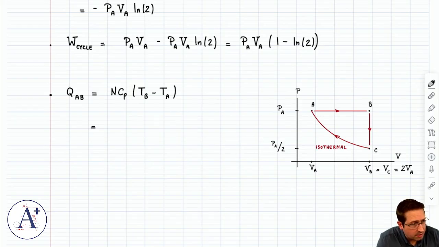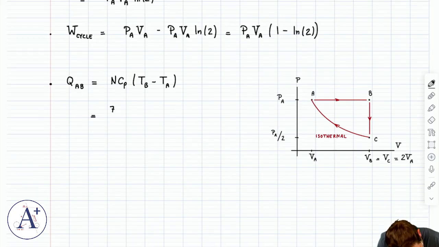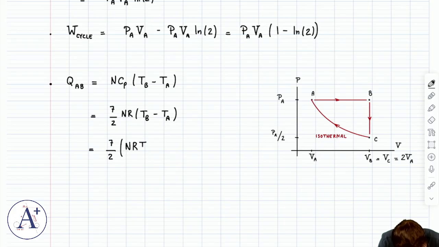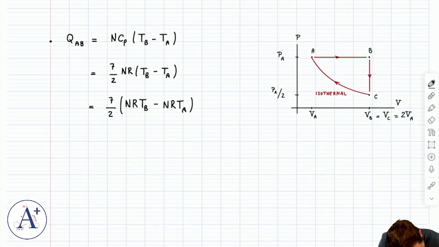This is going to be 7 halves of R for Cp, so 7 halves NR Tb minus Ta. And I want everything in terms of PA and VA, so I'm going to absorb NR into the parentheses. I'm going to get NRTB minus NRTA by the ideal gas law.